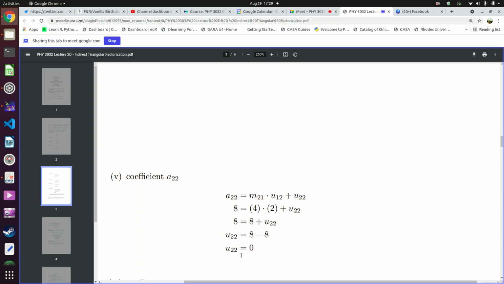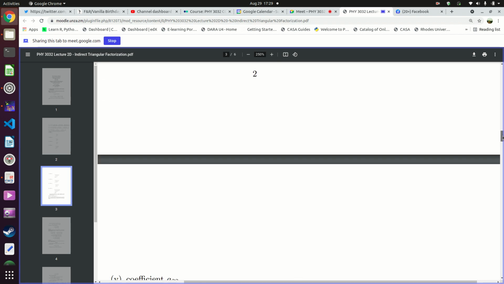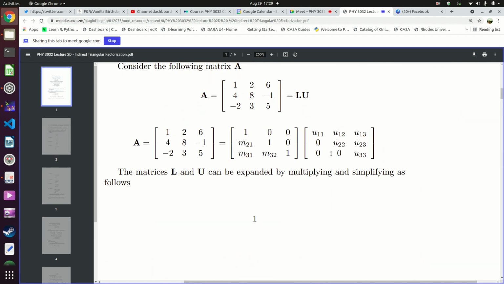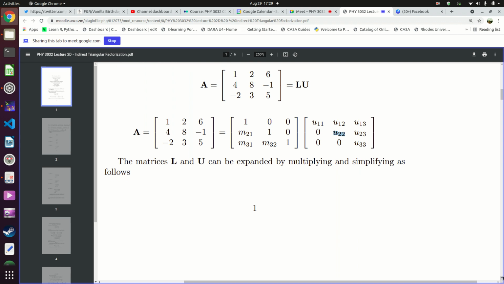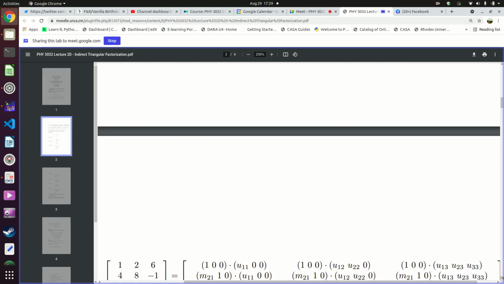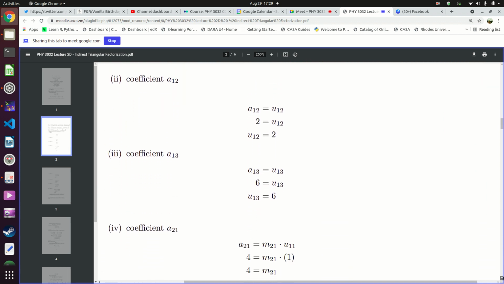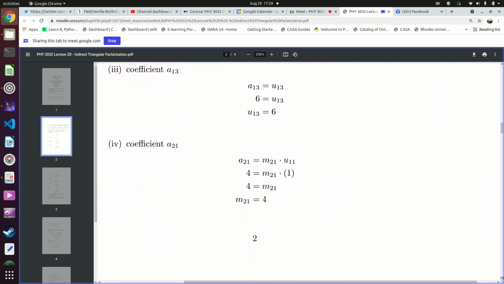So you see the diagonal element in the upper triangular matrix, this U22, is equal to 0. If U22 is equal to 0, then it simply means that the determinant of our matrix A is equal to 0, because for us to work out the determinant, remember what you have to do?